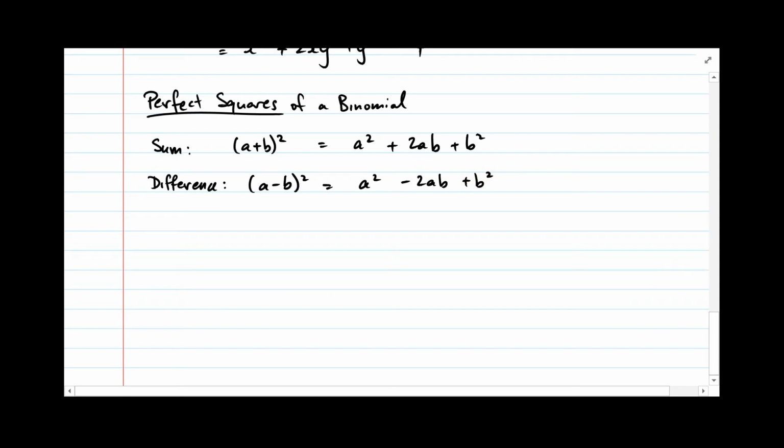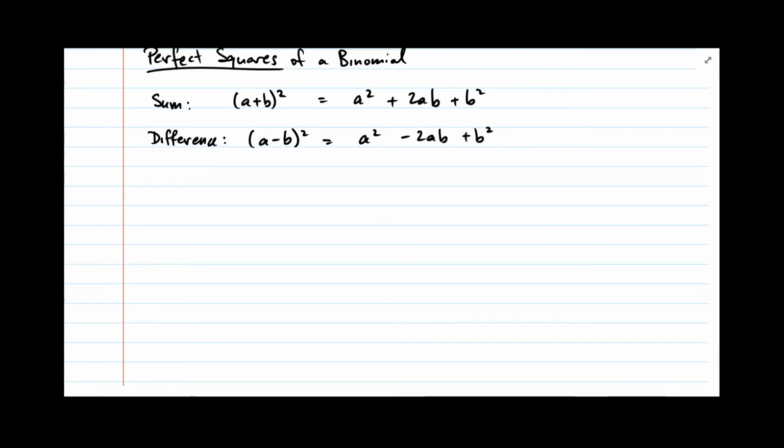In words, what we're saying is that the square of a binomial always has 3 terms. Let's just look at the terms in general.